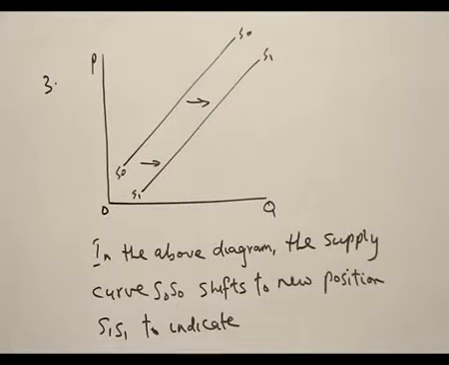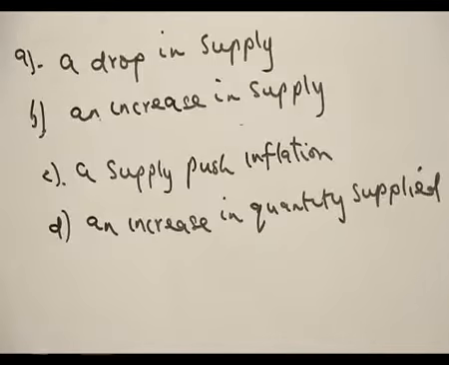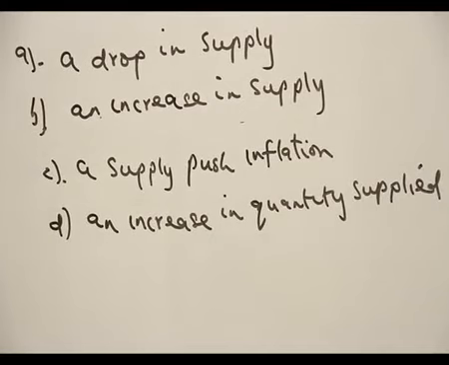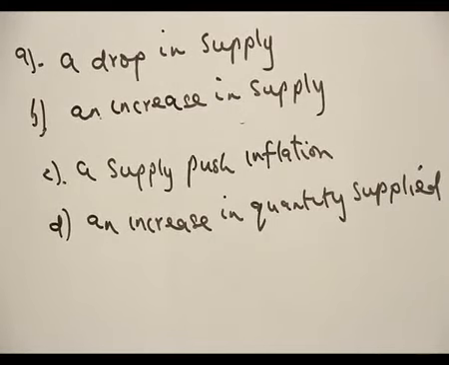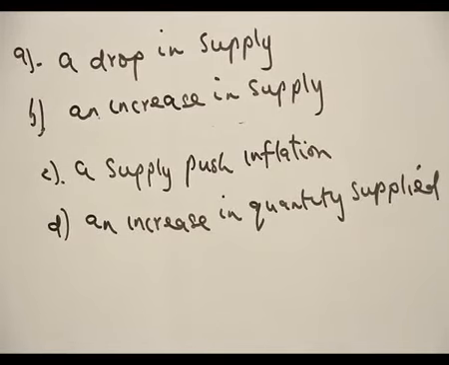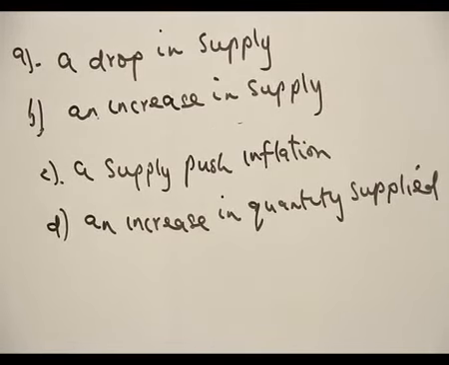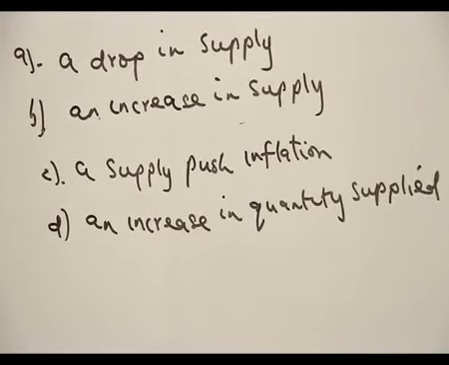Question 3. In the above diagram, supply curve S0 shifts to a new position S1 to indicate: A, a drop in supply; B, an increase in supply; C, a supply push inflation; D, an increase in quantity supplied.